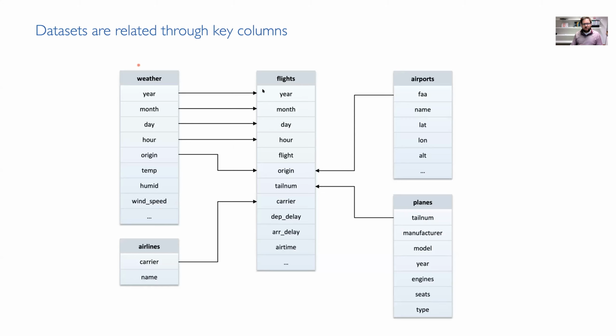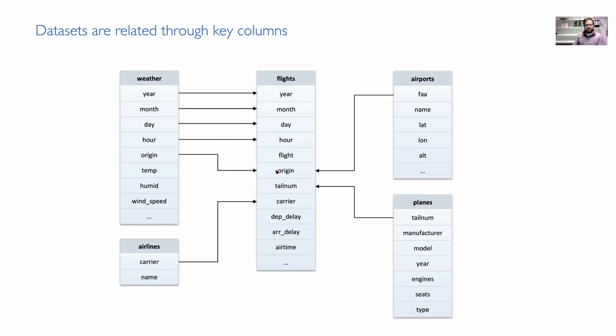Now, the next step: to get some more understanding about these delays here in New York City, we want to make use of the fact that we have different bits of information, and these different bits of information share columns, and that allows us to link them. For example, we can link the weather to a certain flight by matching the year, the month, the day, the hour, and the airport.